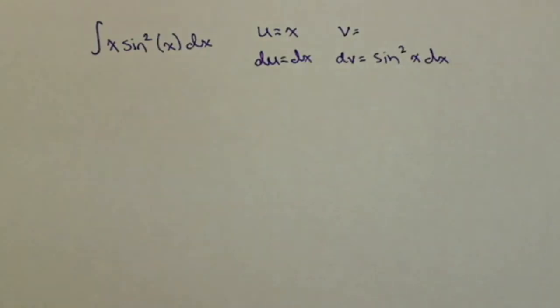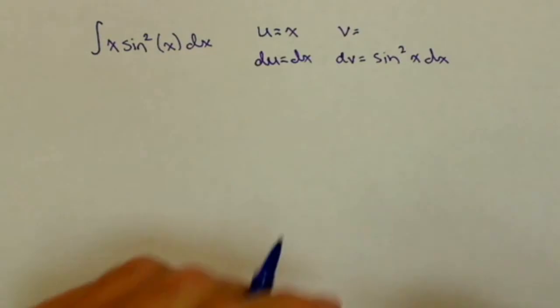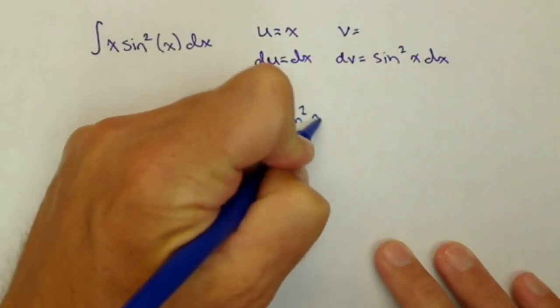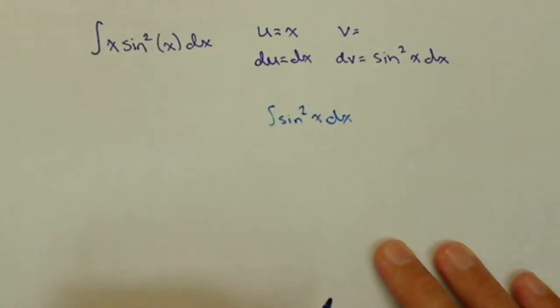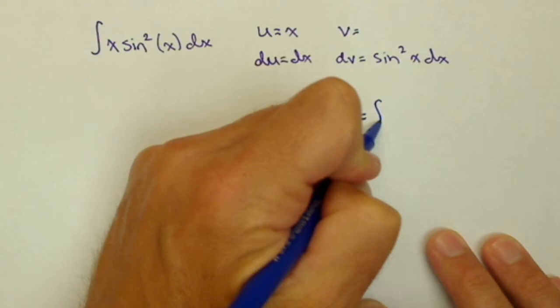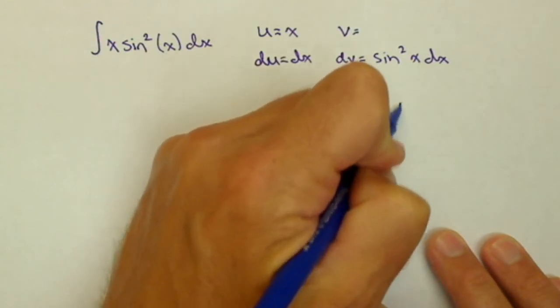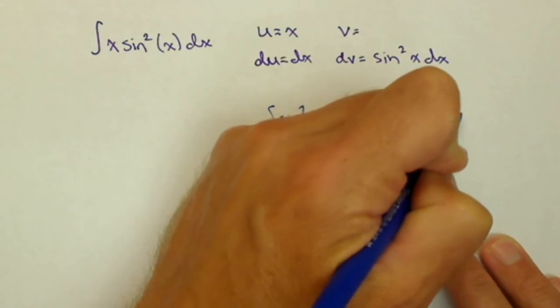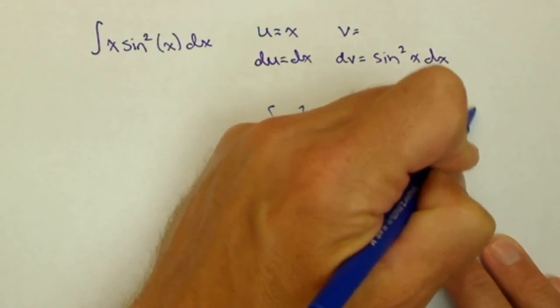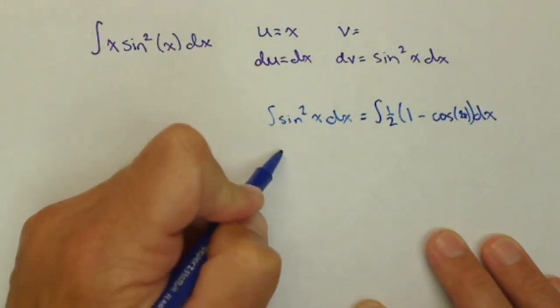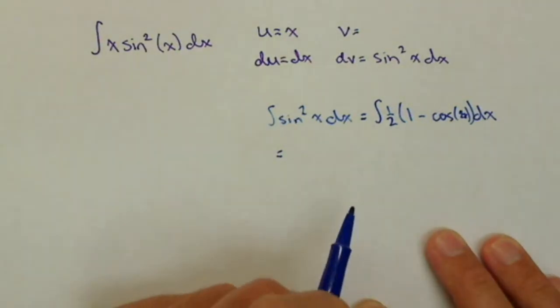So off to the side here, I'm going to take a little bit of time to do the antiderivative of sine squared x, which I've done in another video if you want to check it out. What I use is a half angle identity, which is 1/2 times 1 minus cosine of 2x dx. Since this isn't the main point of this video and it's in another video, I'll let you check that out.